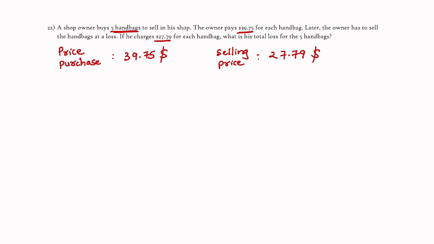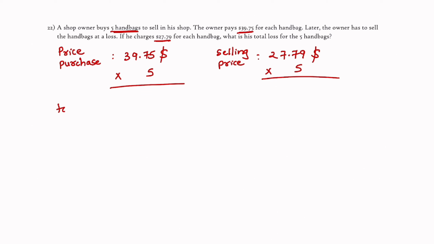For that, we need to know the total purchase price and the total selling price. So basically, if I multiply this with 5 because 5 handbags were bought, right? And again, I'll multiply this with 5 because 5 handbags were sold.